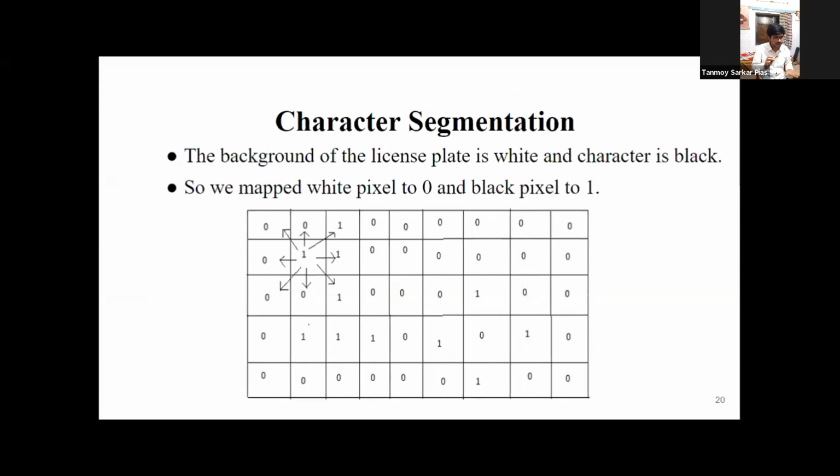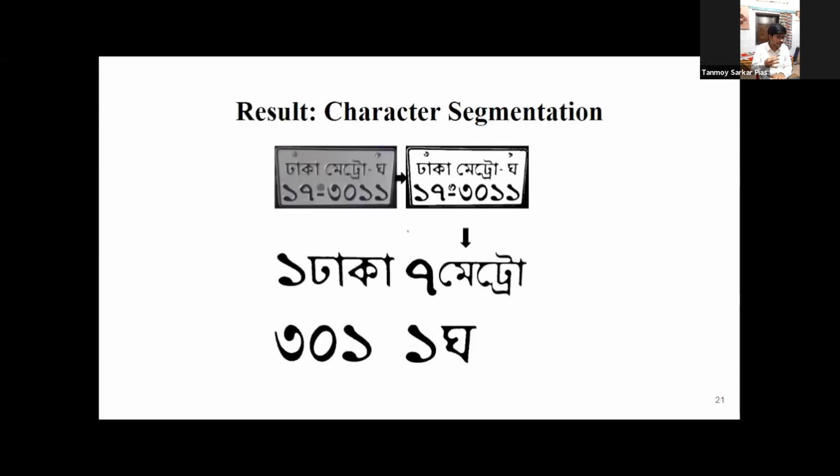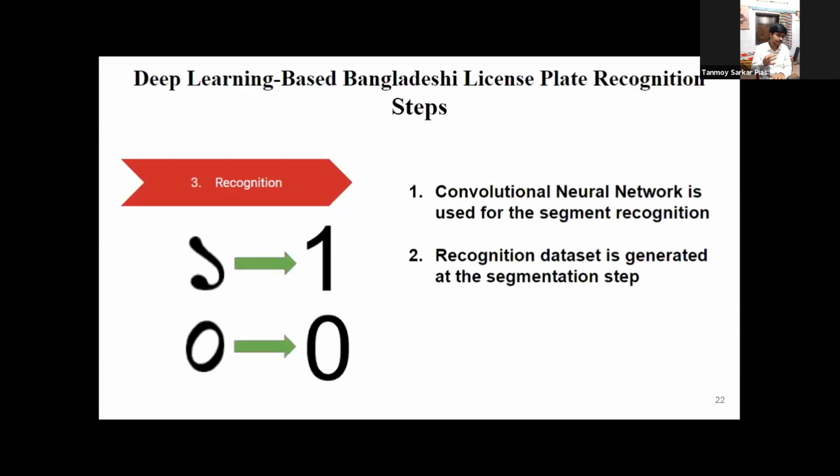It is a modified version of BFS and a modified version of connected components. The segmentation can be done by other implementations also, but their complexity is huge. This one is very simple and lightweight. So this is the result of segmentation.